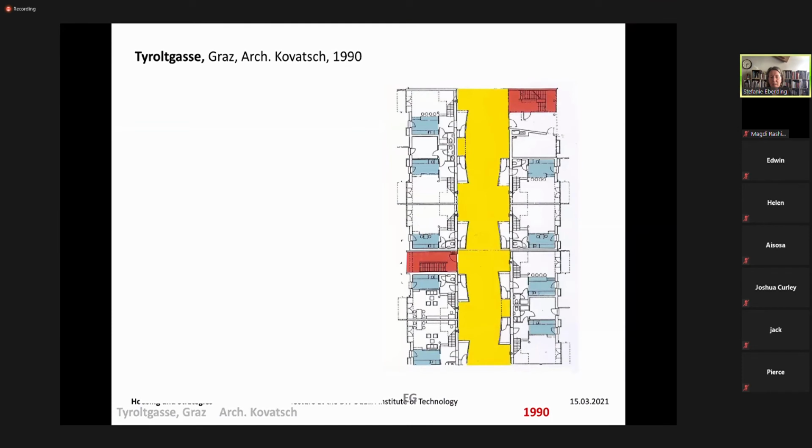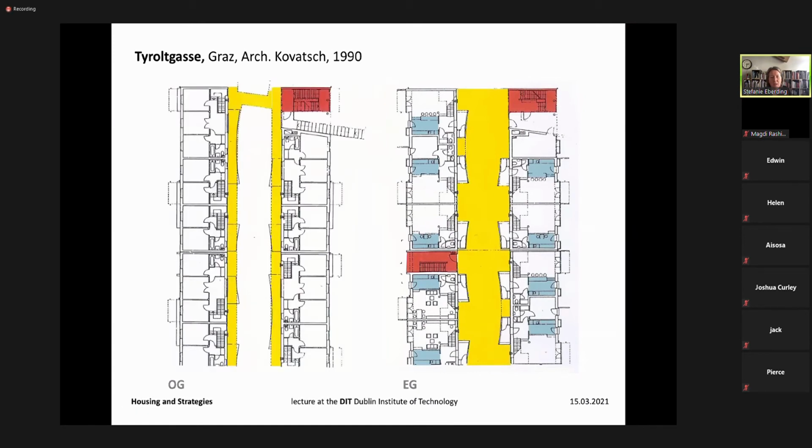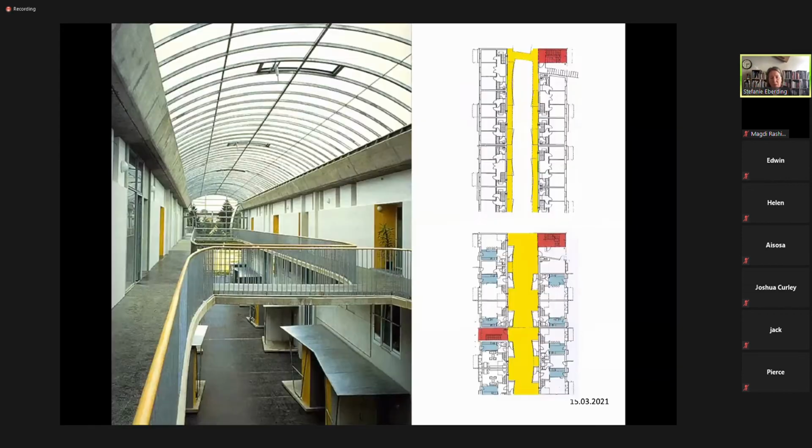You can see the ground level with the little entrances with niches and the vertical circulation. The whole building complex is 17 meters wide. You see the upper floors, really like row houses in this big structure, and on the upper floors the apartments. So with that strategy, the architects provide natural light in their building.